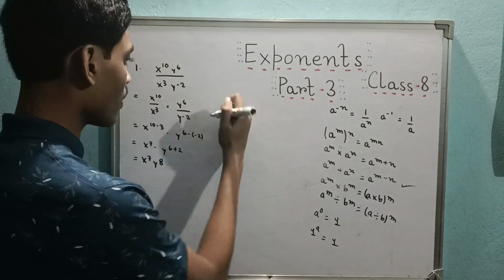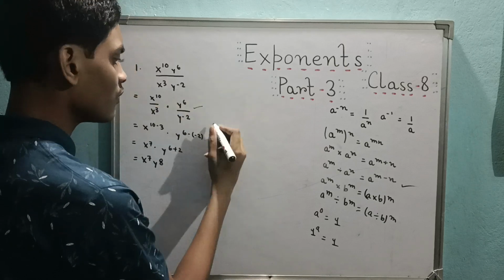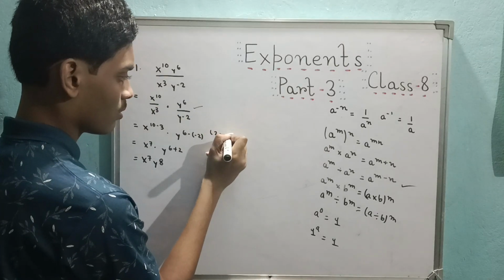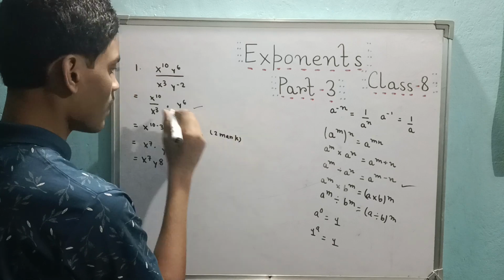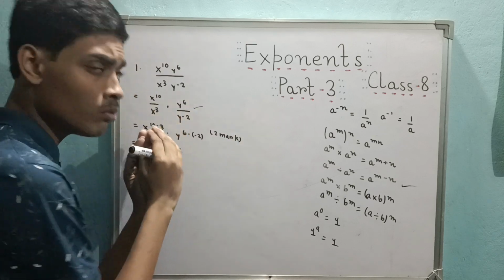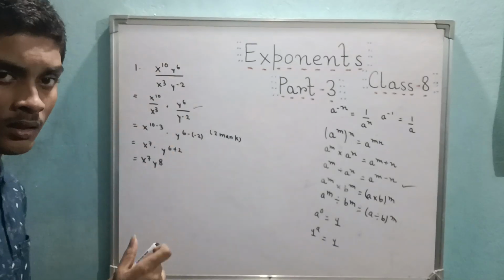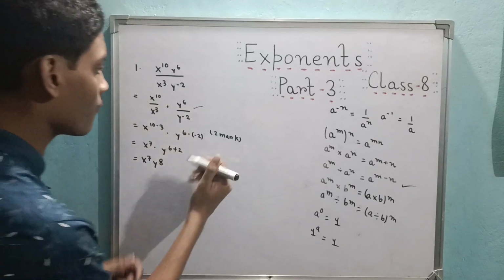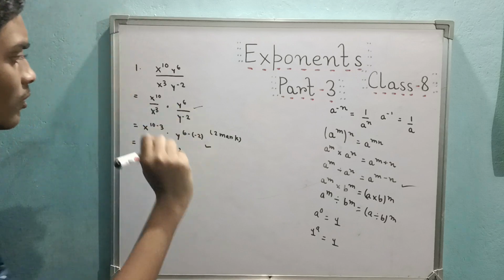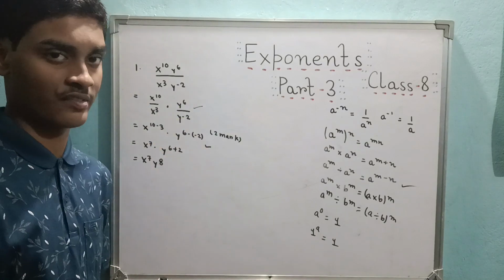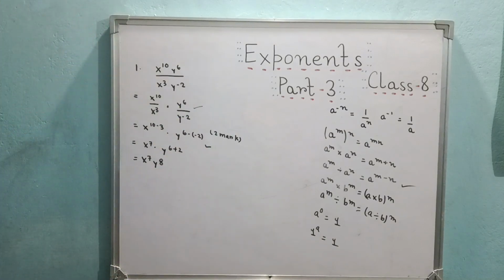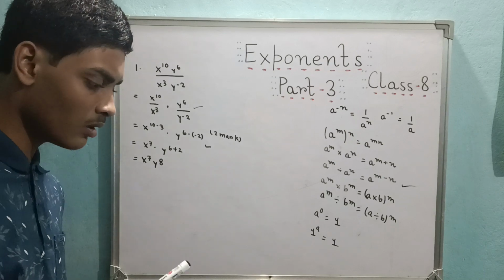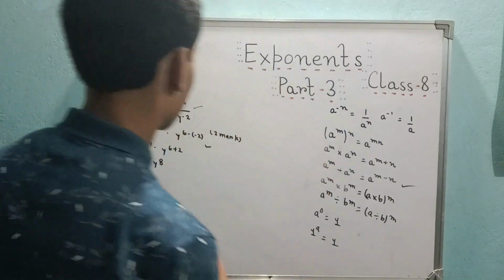So this line is a quite important logic. So actually this is a 2 marks question. Why? The first mark is for this separation you do to make your work look easier. Second mark is for this division where you are subtracting the powers. This is the 2 marks which make up the question. So it's a 2-mark question. Can come in the beginning of the question paper. Important to know. Let's see the next one.